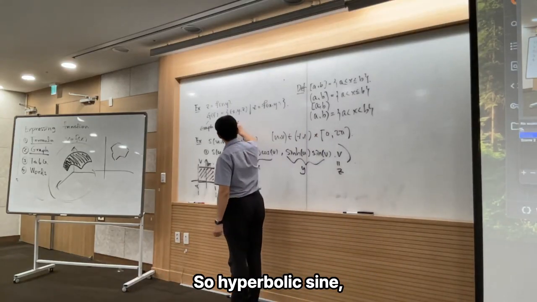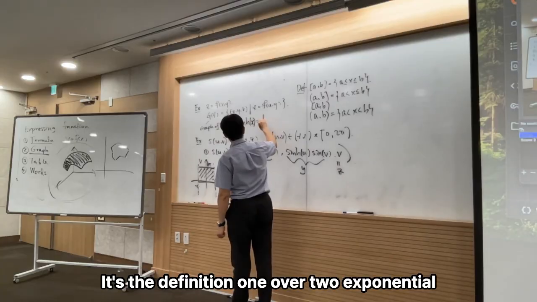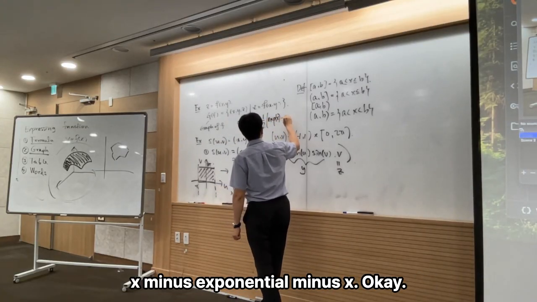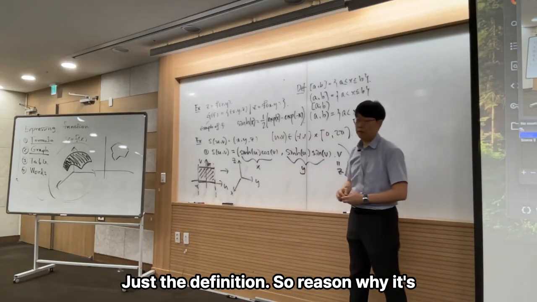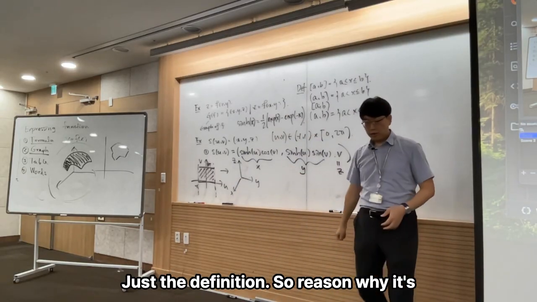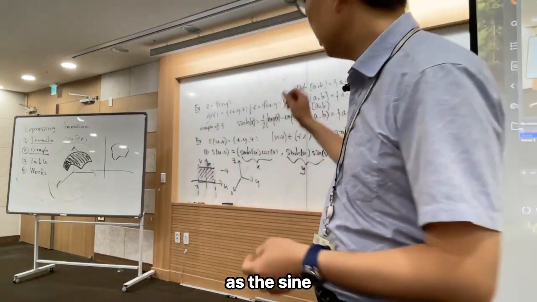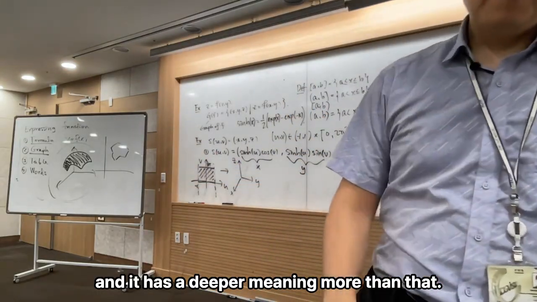So the hyperbolic sine, just to remember the definition, is one half of exponential x minus exponential minus x. Just the definition. The reason it's called hyperbolic sine is because it follows a similar formula as the sine, and it has a deeper meaning than that.